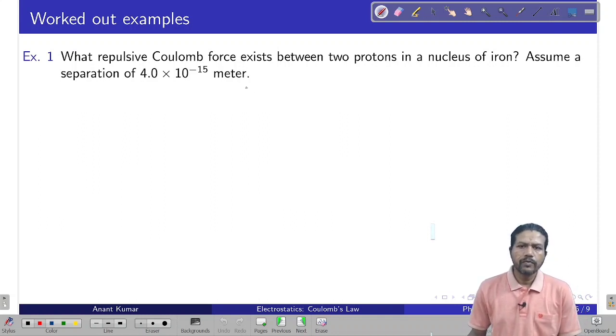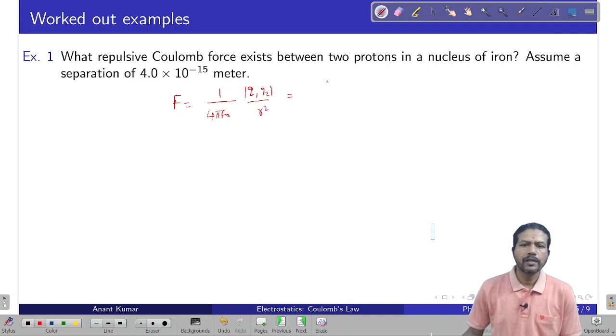First of all, we have to find the force which exists between 2 protons in the nucleus of an atom. Remember that protons are inside the nucleus of an atom. Assuming a separation of 4 × 10^-15 meters, this is simply obtained by using Coulomb's law. The force expression is 1/(4πε₀) × |Q1 Q2| / distance squared.